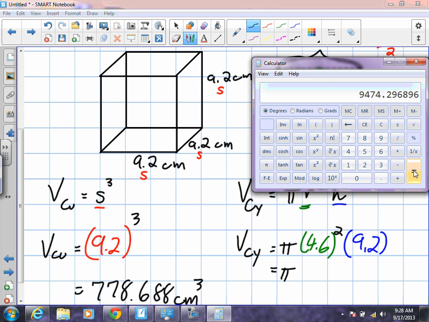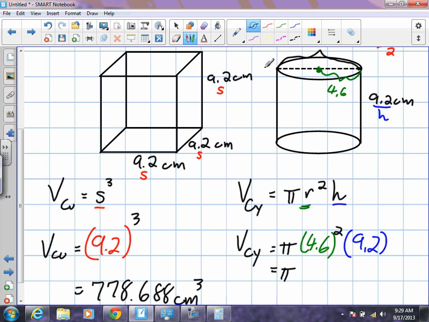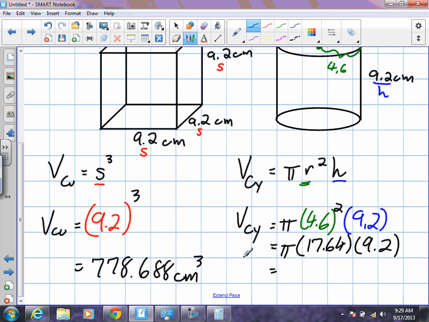Oops, I went too far there. One sec, it gave me the answer already. 4.2 to the power of 2, 17.64. So 17.64 times 9.2 times pi. Now when we're multiplying, is there any specific order we have to multiply these things in? No, it's called the associative property. We can multiply in any order that we like.